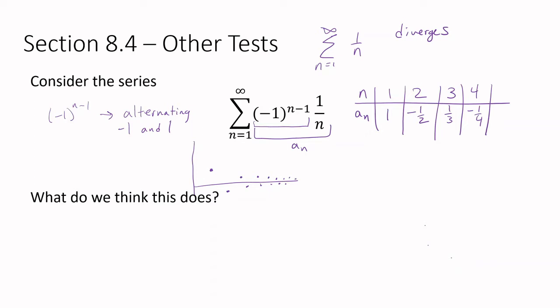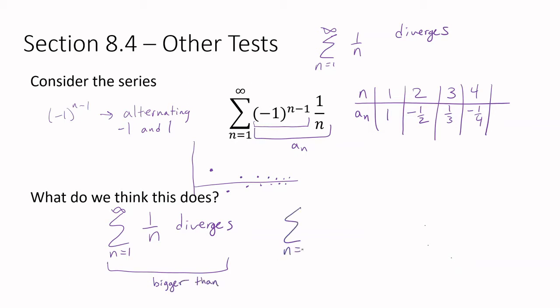So again, starting off, this diverges, it's harmonic. And if I compare this to my actual series, when I add all these things up, it looks to me like this is going to be bigger than our series here.